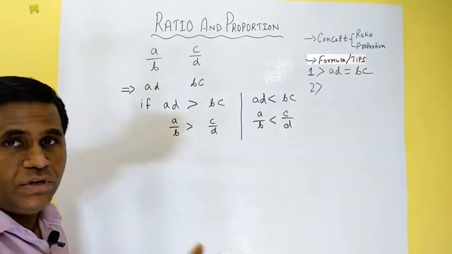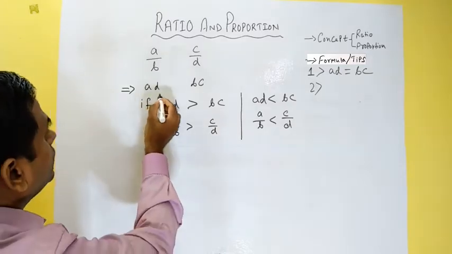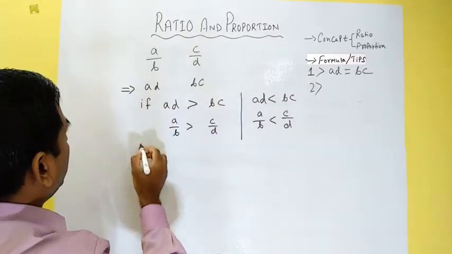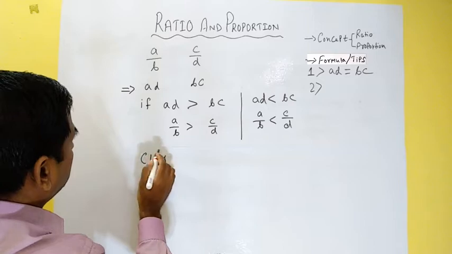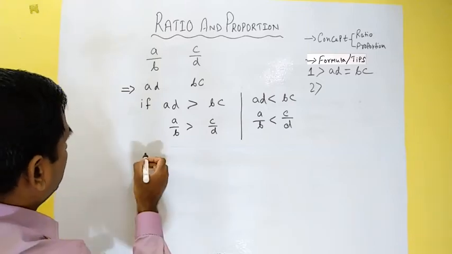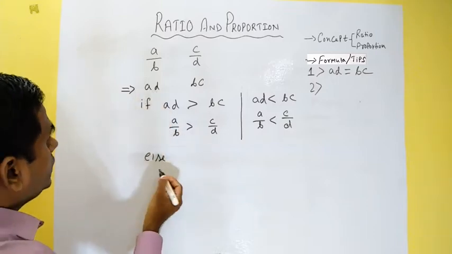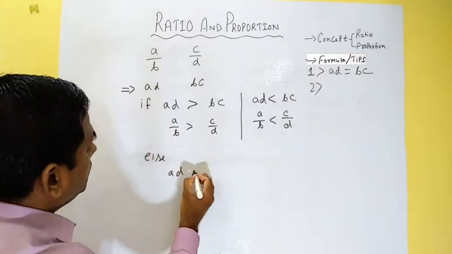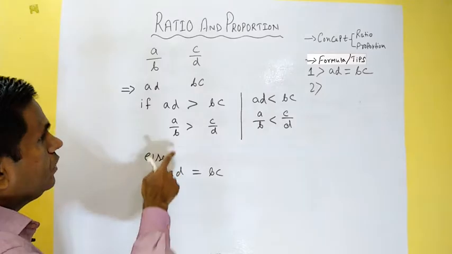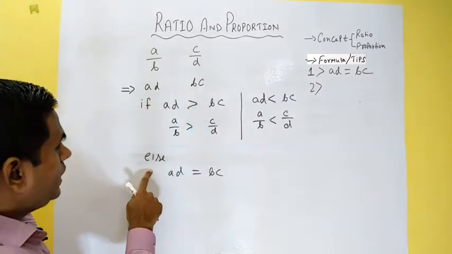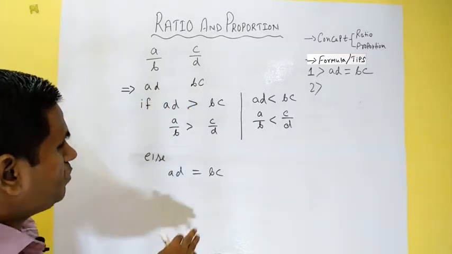So now coming to the third conclusion. Else, in this case, if we get AD is equal to BC, okay, upon calculation, suppose you get AD is equal to BC, it is coming equal.